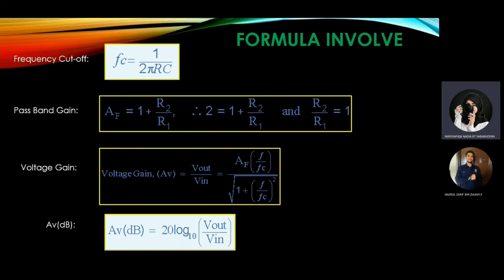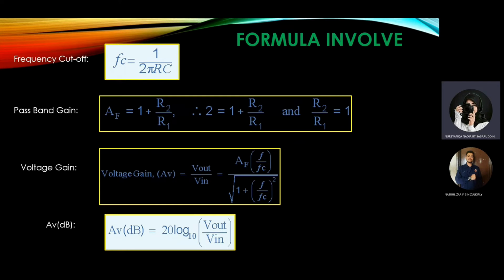This is the example for formulas of the active high pass filter. Number one is the cutoff frequency. The formula is cutoff frequency equal to 1 over 2 pi RC.